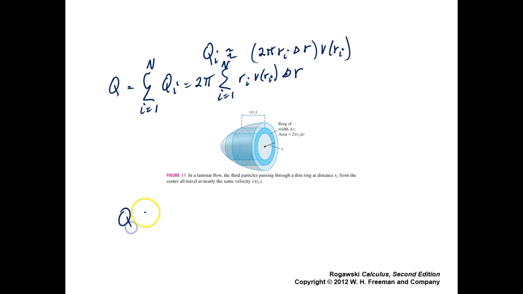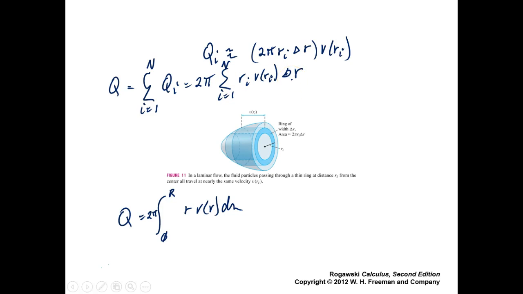So your total flow rate, Q, would be 2 pi times the integral from r equal, this is a little tricky here, you could do r equals 0 to capital R. That's how they do it. 0 to capital R. I would be real tempted to do R to 0, but it's okay. And then you'd have R V of R dr.